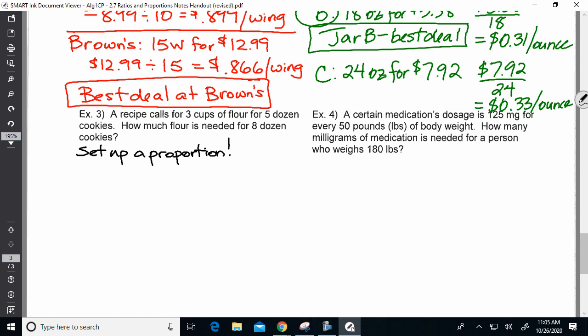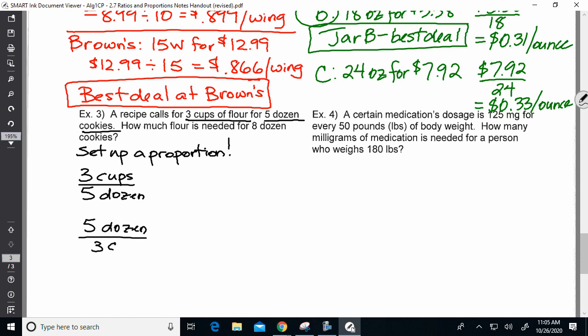When you set up a proportion, the first fraction you can set up however you want. A recipe calls for 3 cups of flour for 5 dozen cookies, so you can either put cups at the top and cookies at the bottom, or the other way around.